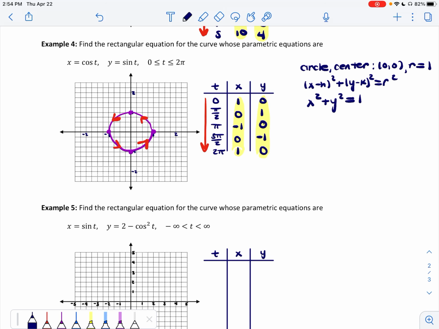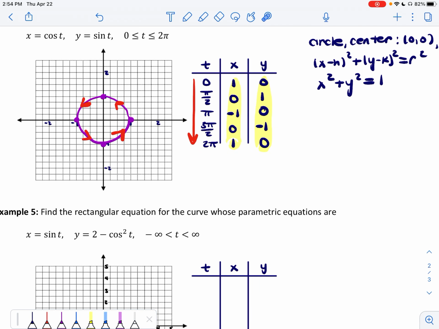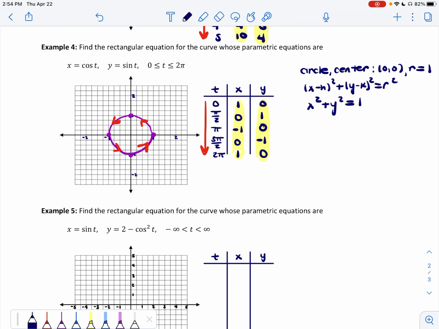And then thinking of our domain, since we have it graphed in front of us, just reading across from left to right, our leftmost point is at x equals -1, our rightmost point is at x equals +1. So our domain is between -1 and +1. That's one way that we can find our equation if you want to graph it.